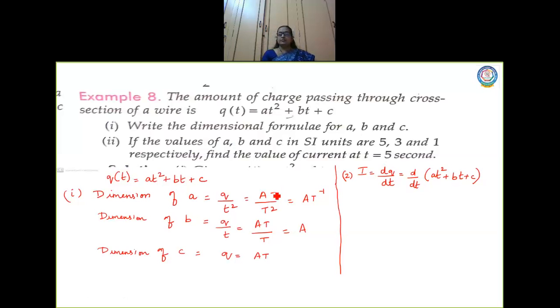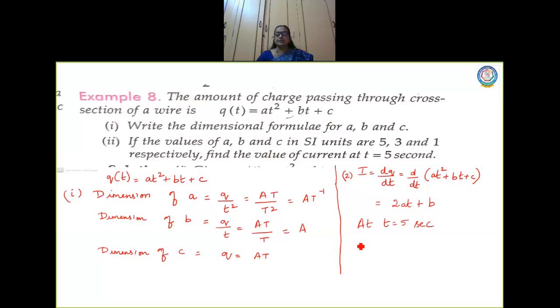So differentiate this. When I differentiate, this will be 2At plus B. Now I have been given the time, t is equal to 5 seconds.